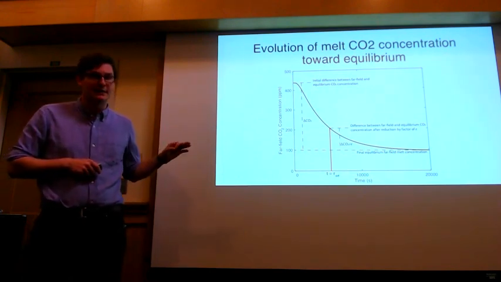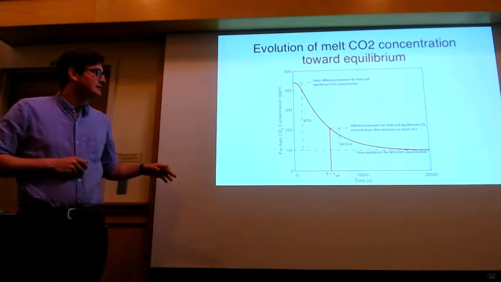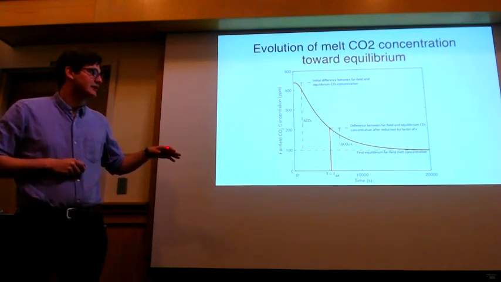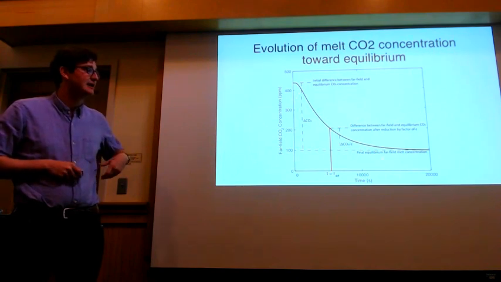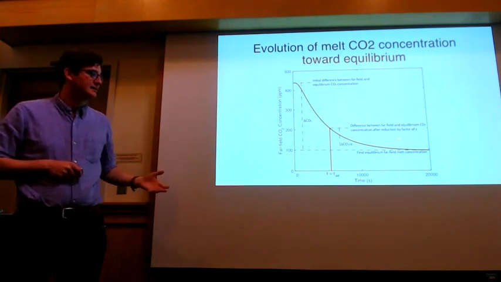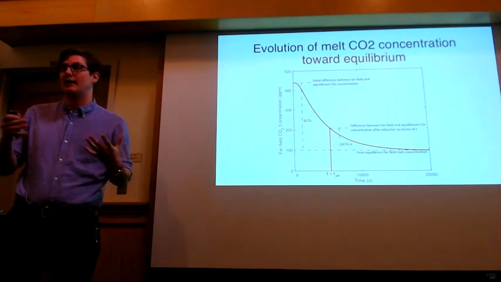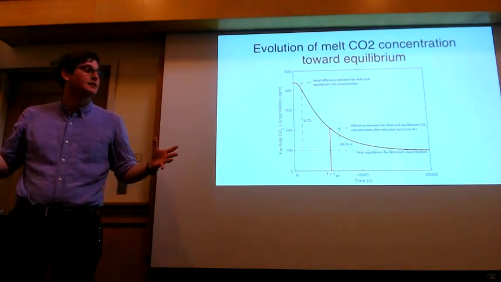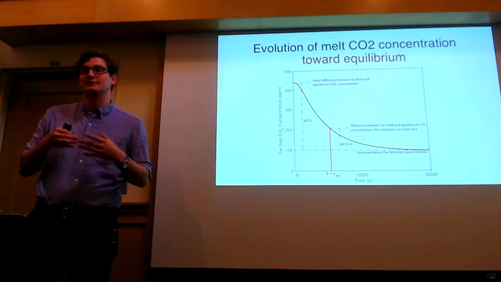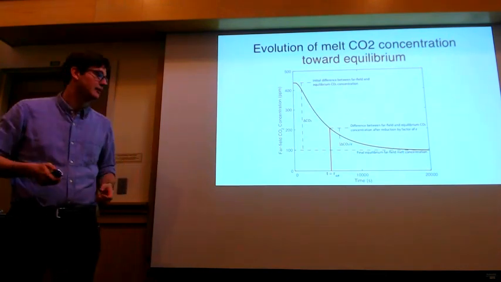And that e-folding time is the e-folding of the difference between CO2 concentrations at the beginning and the end, as it reduces by a factor of e. And that lets us make this a very broad model where you can start to reduce everything down to a few parameters.